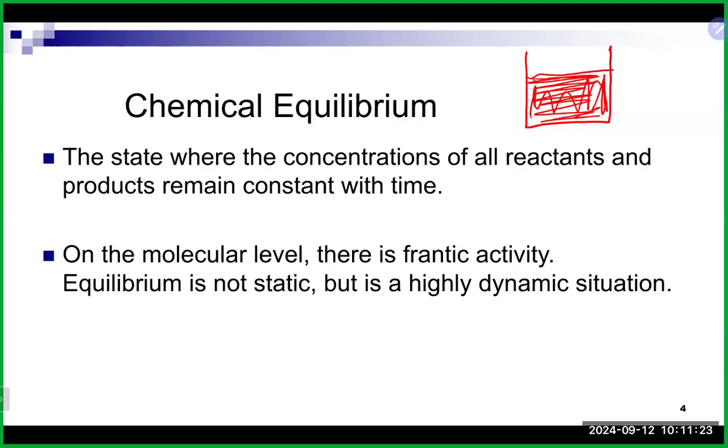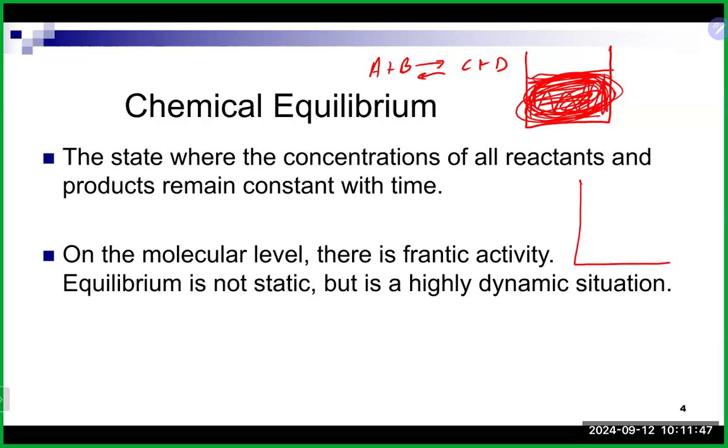Nothing much seems to be happening anymore. The reaction's over, right? And let's just say that this reaction was A plus B goes to C plus D. Now, although it may look like there's nothing happening in the beaker on the big level, the macroscopic level, there is a lot of activity that's actually happening.